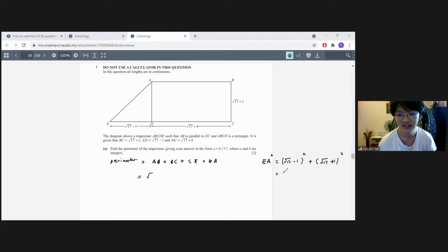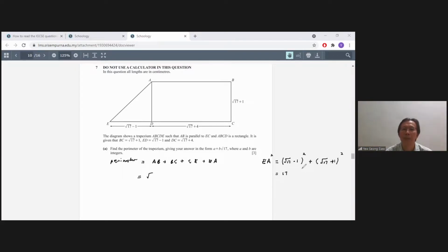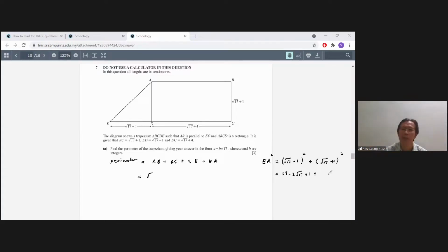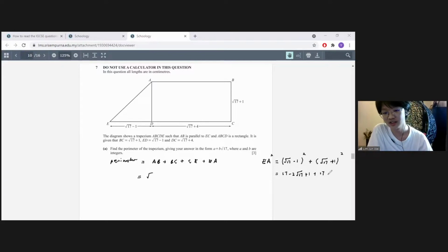17, the second one you multiply inside. Minus 2 surd 17, surd 17 plus 1. This one also the same. So 17 plus 2 surd 17 plus 1.